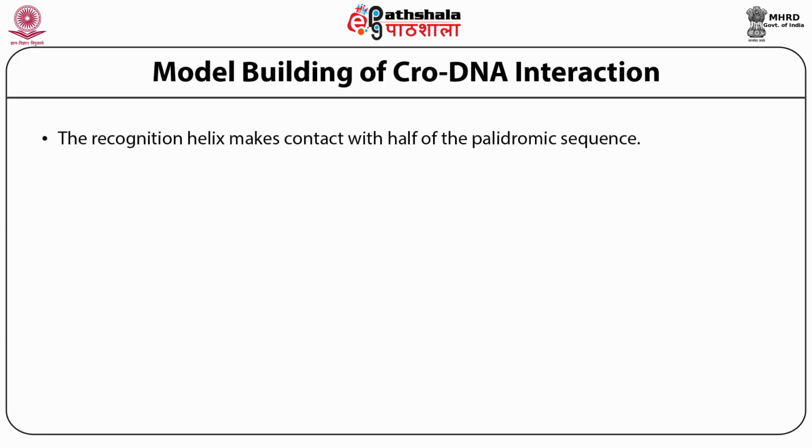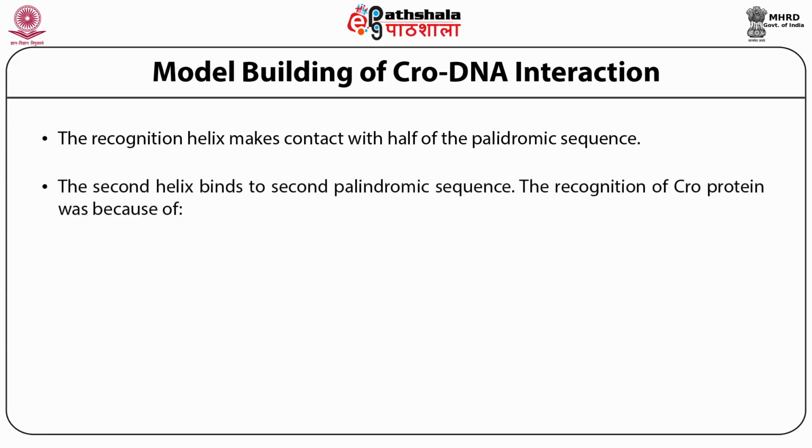The recognition helix makes contact with half of the palindromic sequence. The second helix in this model binds to the second palindromic sequence, and the recognition of Cro protein was because of the helix-turn-helix motif.